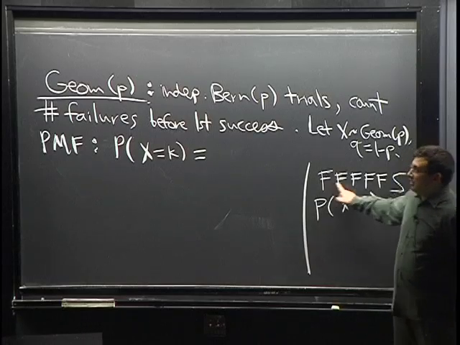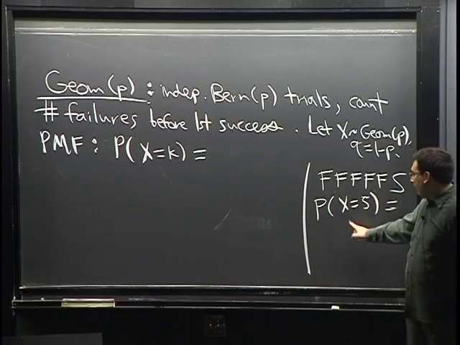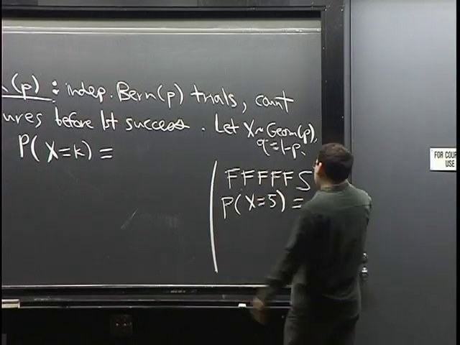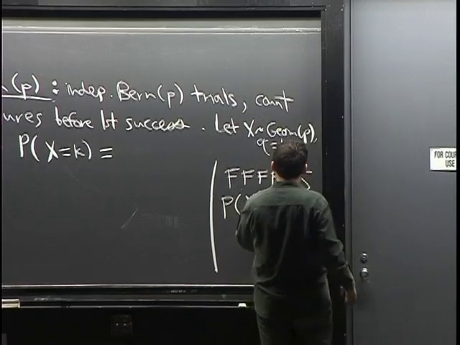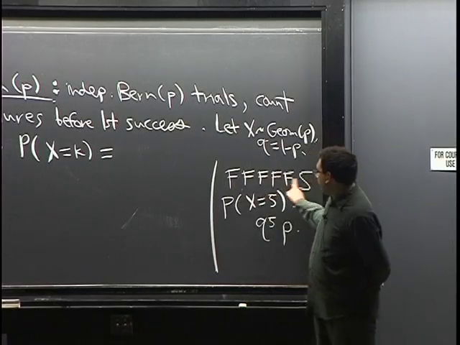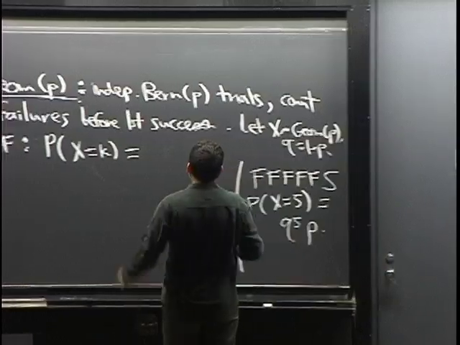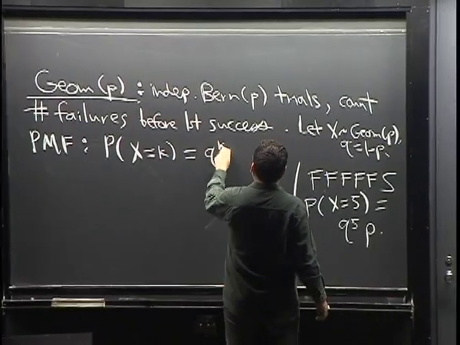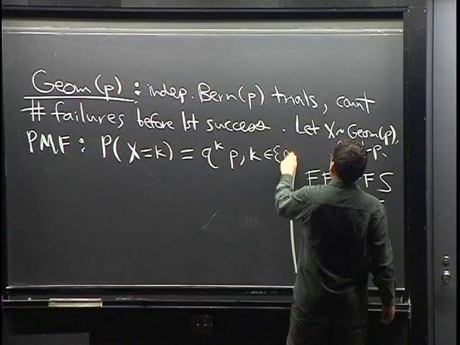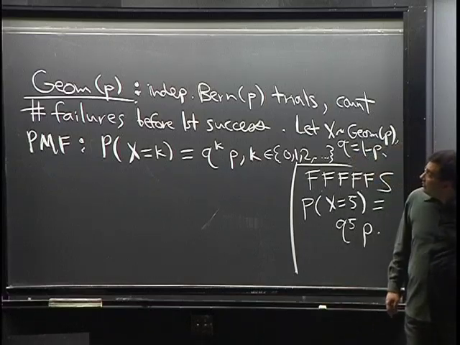This sequence is the only way that could happen, right? 5 failures and then a success. So X equals 5 corresponds exactly to this sequence, and the probability of this sequence is q to the 5th times p, right? Because we had 5 failures and then a success. That's just the probability of that sequence. So in general, this is going to be q to the k times p, where k goes from 0, 1, 2, 3, and so on. Okay? So that's the PMF.